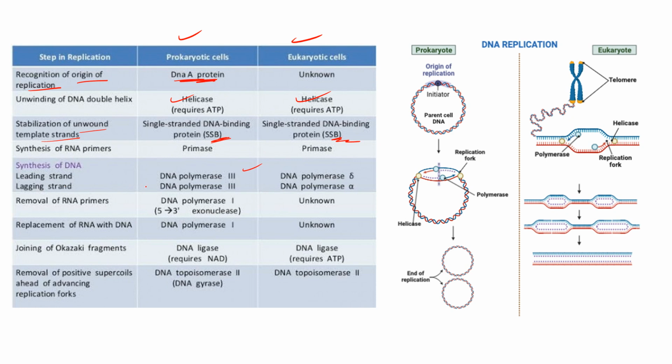Leading and lagging strand synthesis is done by polymerase 3 in prokaryotes, but there are different polymerases for different functions in eukaryotes. The replacement of RNA with DNA in prokaryotes is by DNA polymerase 1, but in eukaryotes it's still not clear. And you can see DNA ligase has the same function in both cells. And here you will find the schematic of basic prokaryotic and eukaryotic DNA replication.